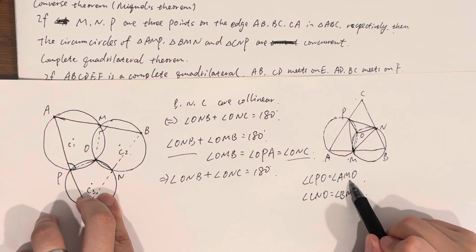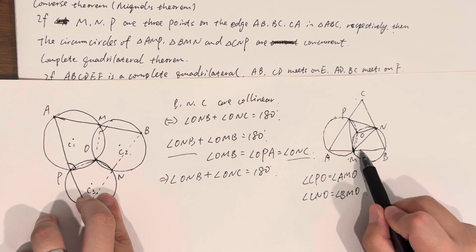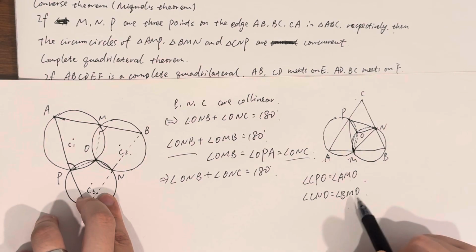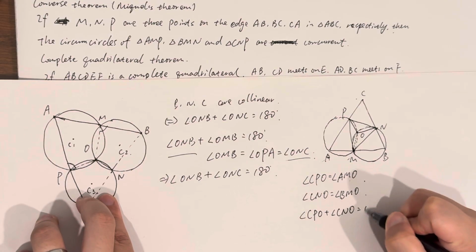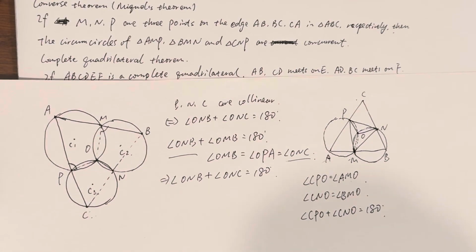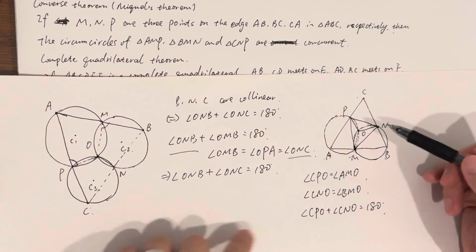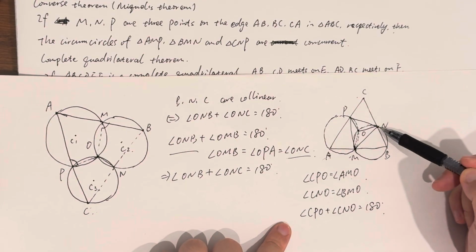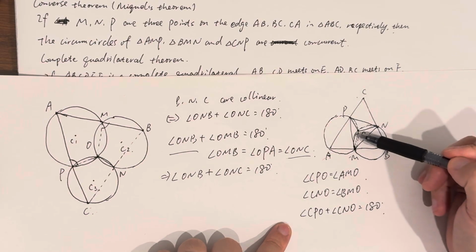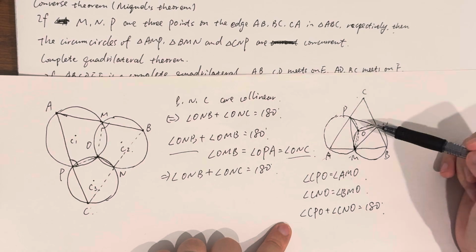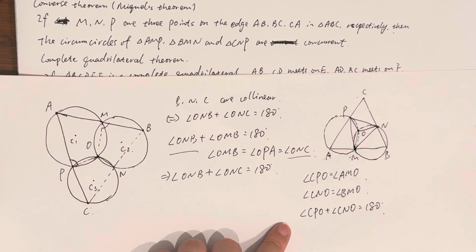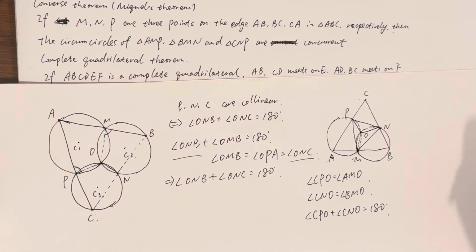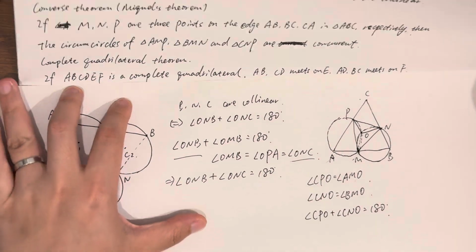And we know that angle AMO plus angle BMO is 180 degrees, which means angle CPO plus angle CNO equals 180 degrees, right? That means CPON is a cyclic quadrilateral, which means the circumcircle of triangle CPN is concurrent with the other two circumcircles at this point O. Okay, that's Miquel's theorem.